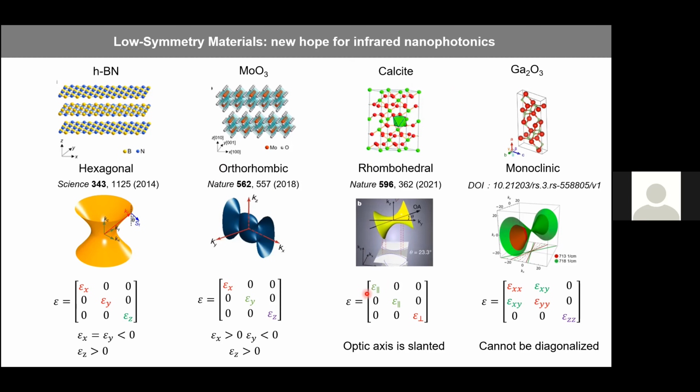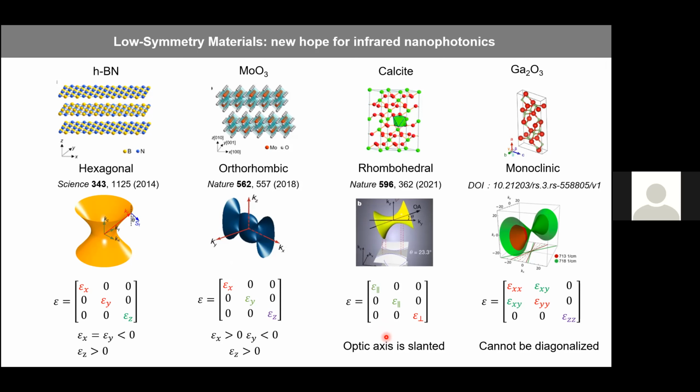This one is also a uniaxial material, but because it is a bulk material, we can exfoliate along different interfaces. So that means we can guarantee that the optical axis is slanted with respect to the interface.